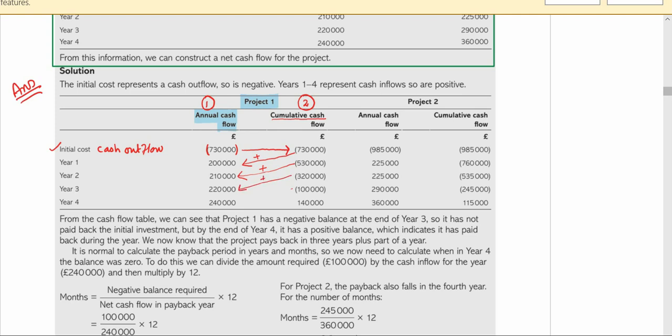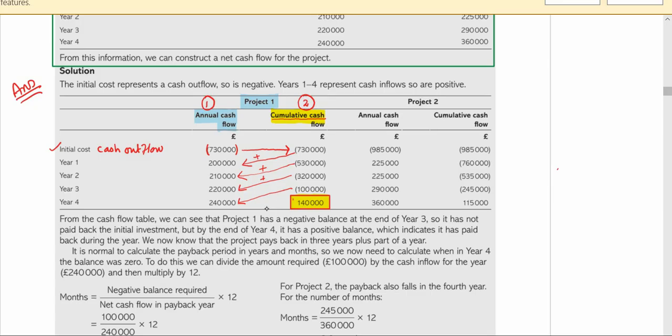Then we add this one, and ultimately we reach a positive value. We stop our calculation at the point when the positive cumulative cash flow occurs.